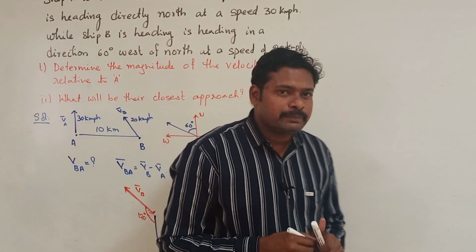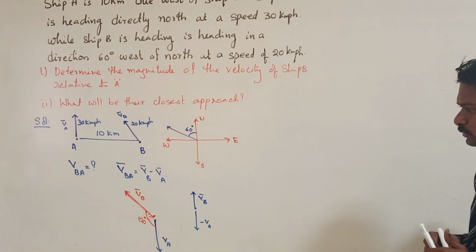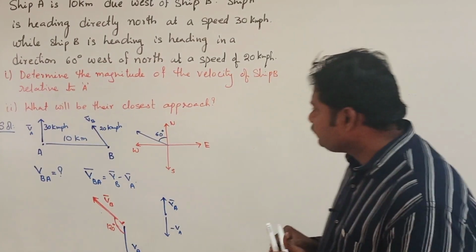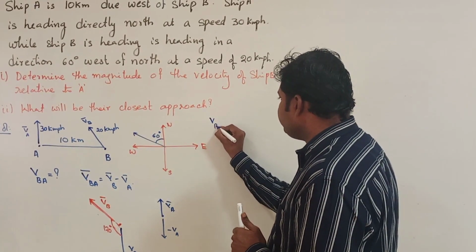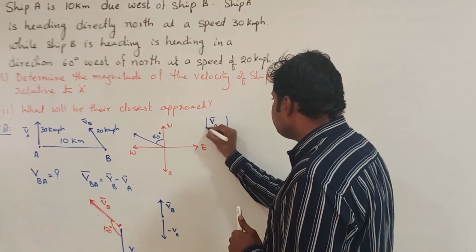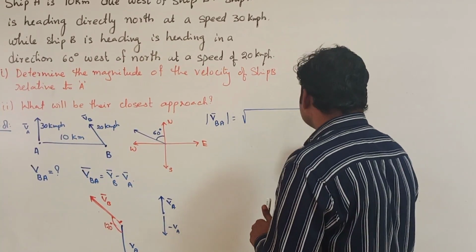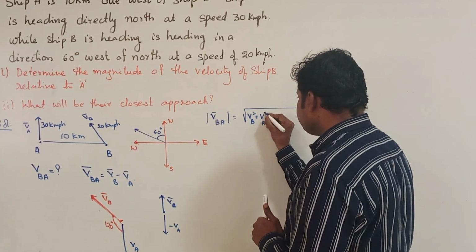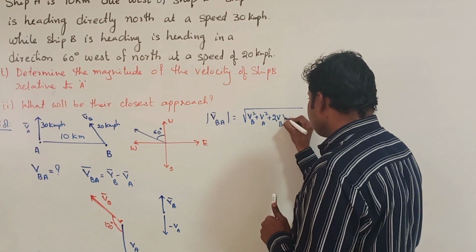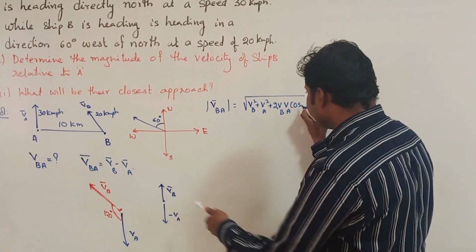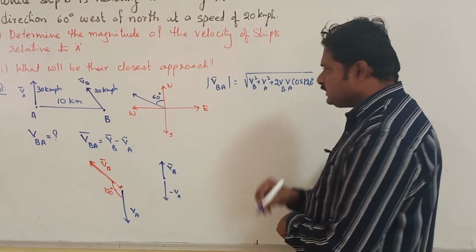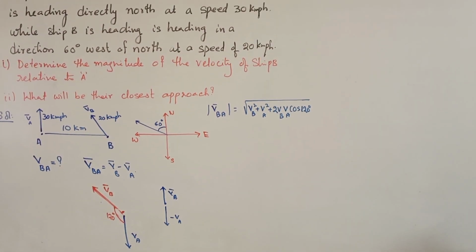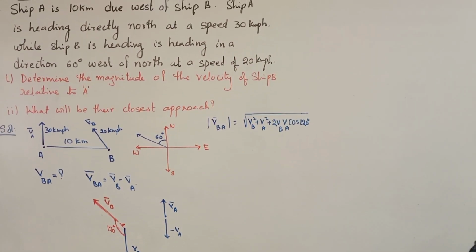So when two vectors are making 120 degrees, how to find the magnitude of the resultant vector? The magnitude of VBA is equal to the square root of VB square plus VA square plus 2 VB VA cos of the angle between them, 120 degrees. Cos of 120 means cos of 90 plus 30, minus sin 30, it's minus 1 by 2.